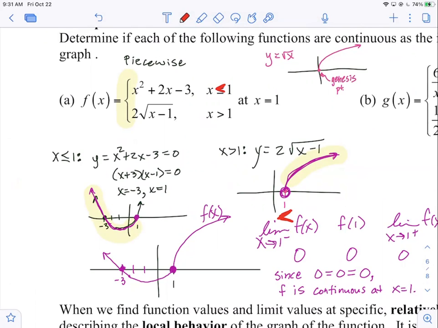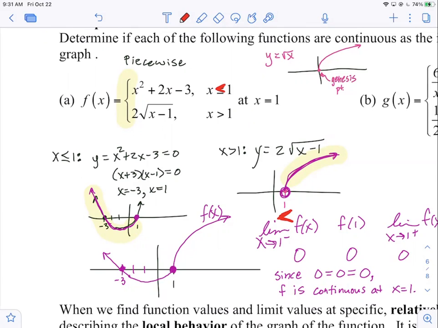So watch this. If I want to know what the limit is as x approaches 1 from the left, and 1 is the point where it's exchanging, all you got to do is plug your 1 into the piece that's the less than piece. Direct substitution. Watch. What do you get when you plug it in? 1 squared is 1, plus 2 is 3, 3 minus 3 is 0.